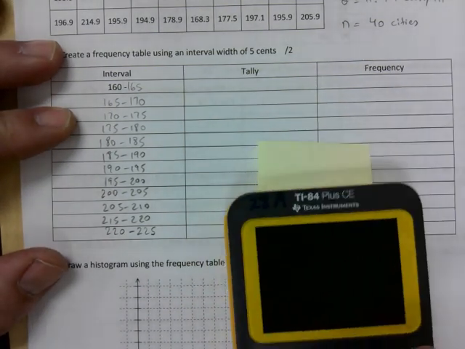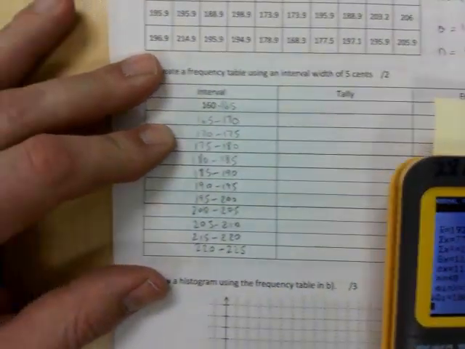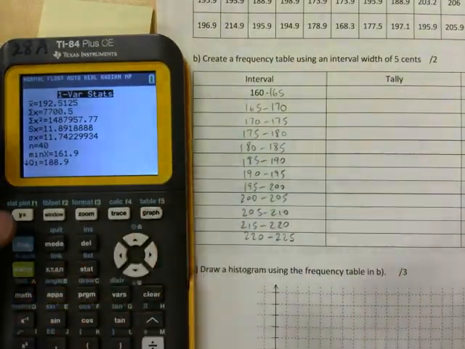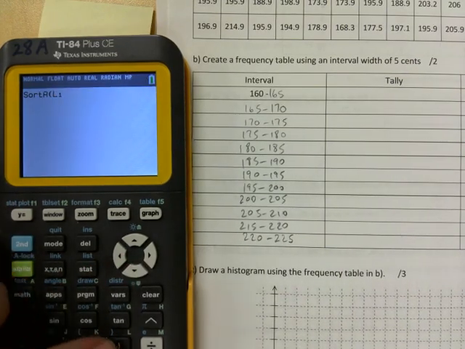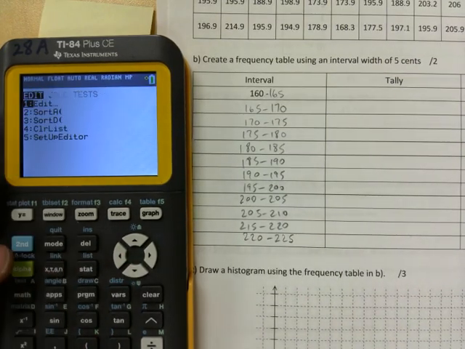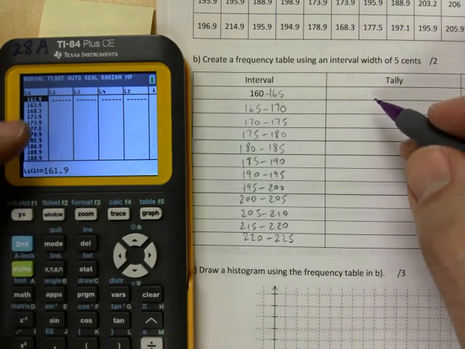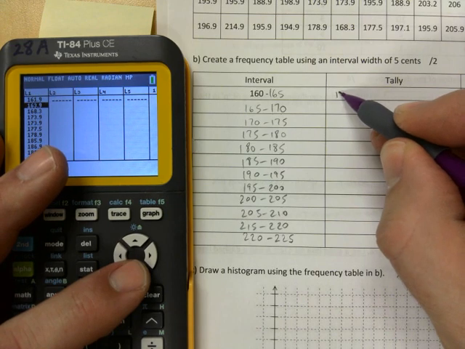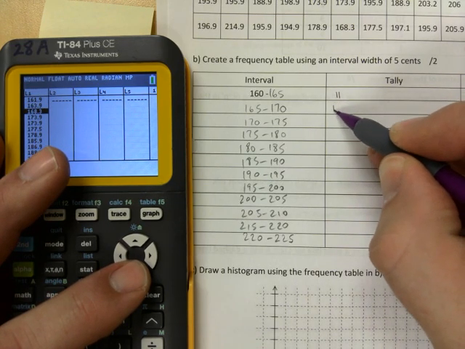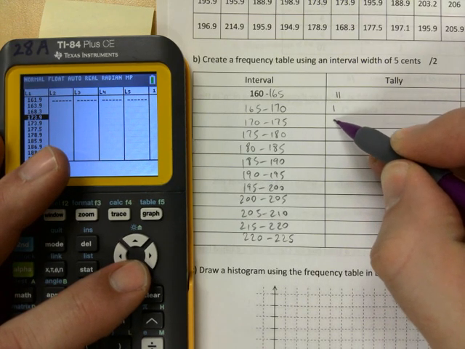Now let's see what all fits into which category. Let me just make sure that I did in fact sort. So there it is. 161 fits in there. 163 is still there. 168 we're in here. 173 we're in here.